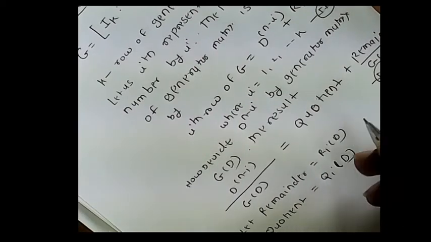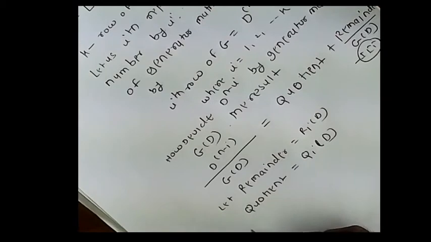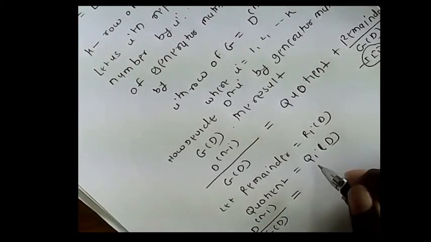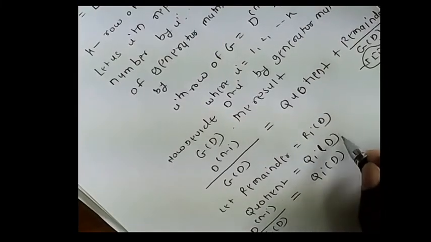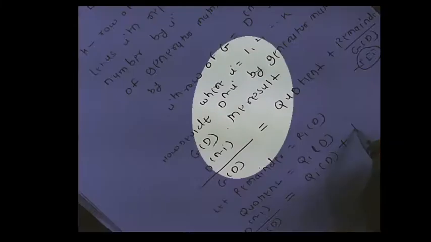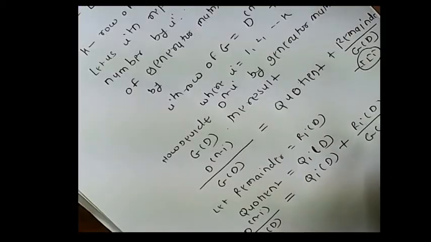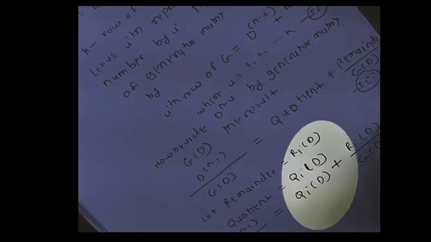We put these values in equation number 3, so we get d raised to power n minus i divided by the generator polynomial equals q of d plus r of d divided by g of d. This is equation number 4.